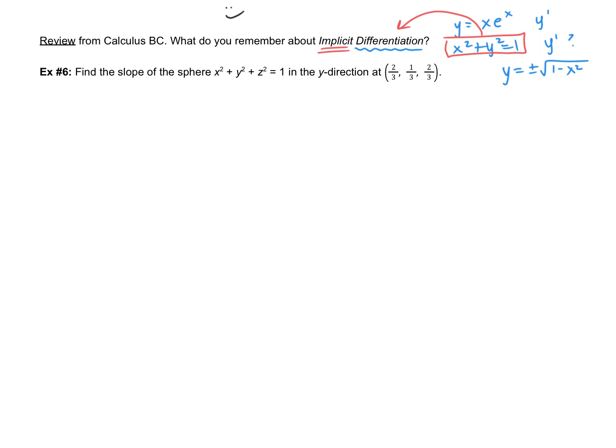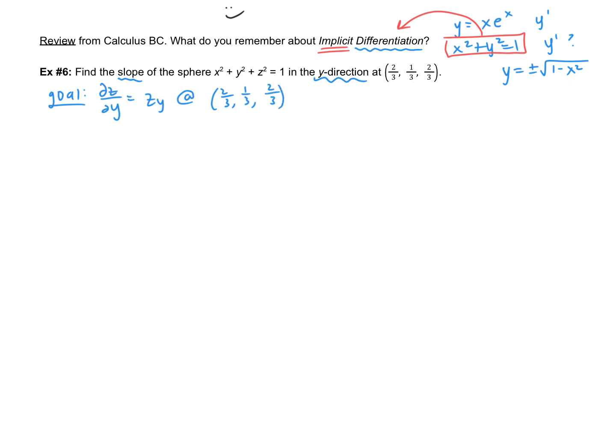Find the slope of the sphere, x squared plus y squared plus z squared, in the y direction at that point. Okay, so first thing, what is our goal? If we want the slope in the y direction, we are looking for the partial of z with respect to y, also written like that, at the point 2/3, 1/3, 2/3.